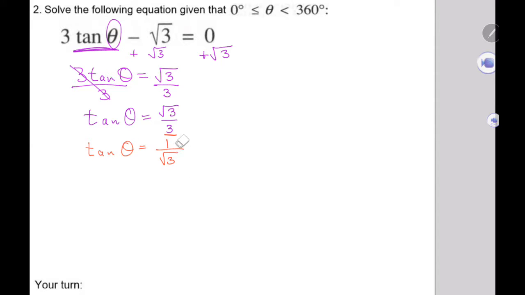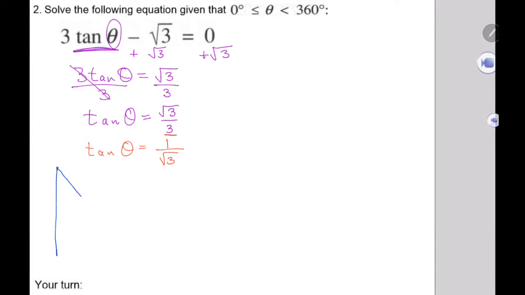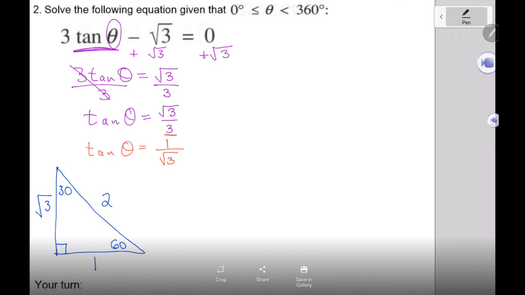But it's so much nicer to think about what we had before. So we're going to go back to this version, and that very much fits in with our thinking about a reference triangle. And I hope that the one that comes to mind is like this, where you have 60, and you have 30, and you have 90, and your hypotenuse is 2, and the bottom is 1, and the side over here, the height, is square root of 3. And now you're thinking about, okay, the tangent.